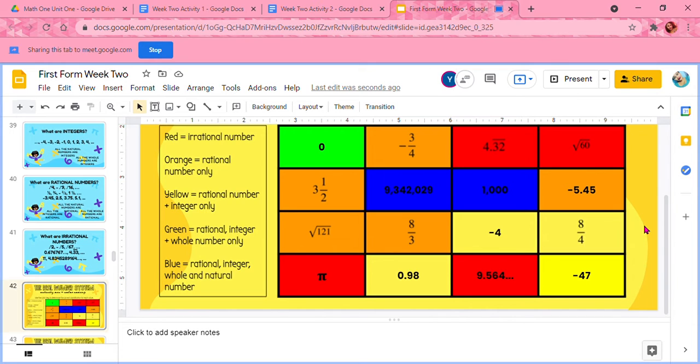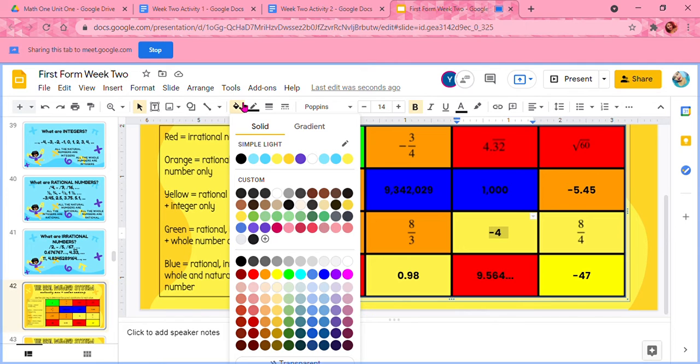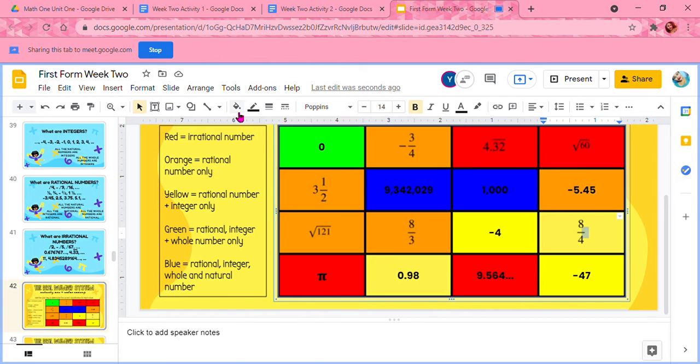It's an integer and what else? A rational. It's an integer and a rational. Now 8 over 4. Where does 8 over 4 go? A rational. Very good.